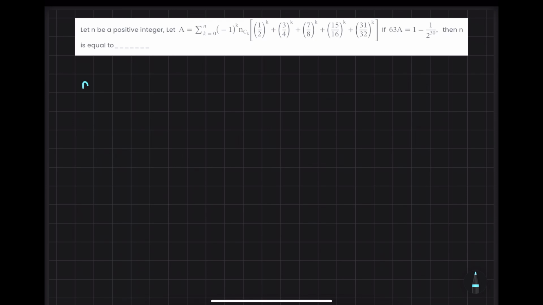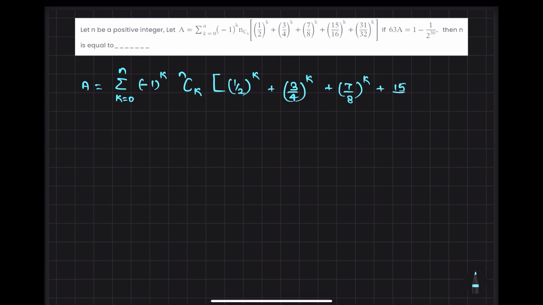Suppose that we have a as this: summation from k equals 0 to n, minus 1 power k, nck, and then bracket starts: 1 by 2 power k plus 3 by 4 power k plus 7 by 8 power k plus 15 by 16 power k and 31 by 32 power k.